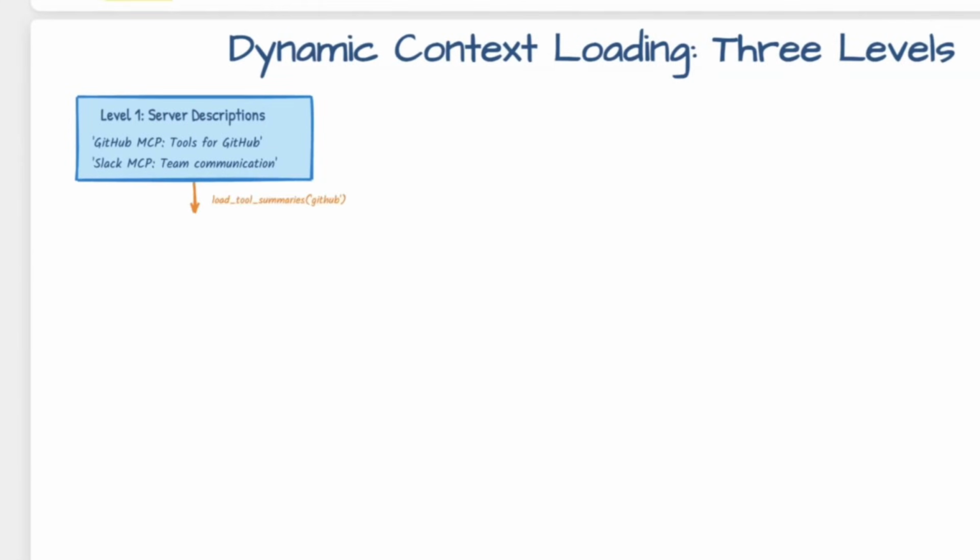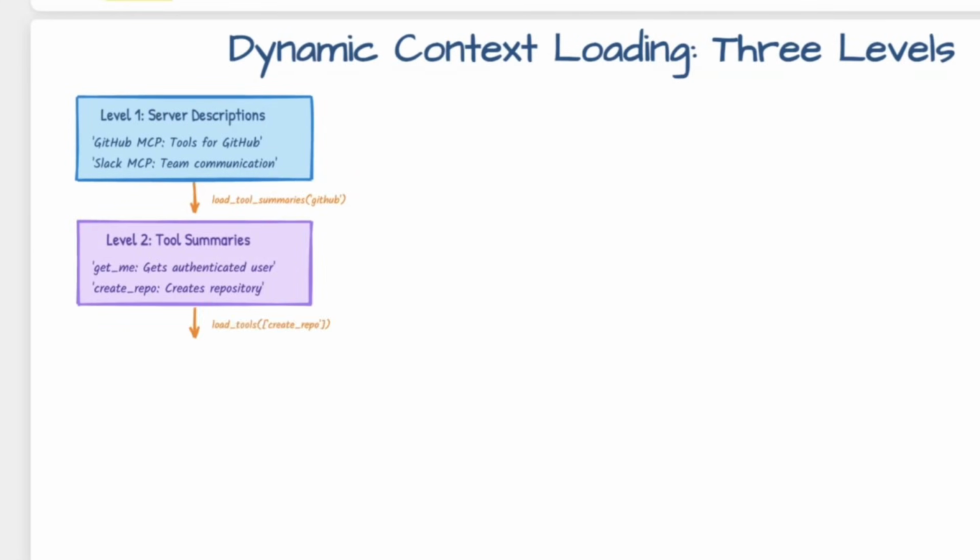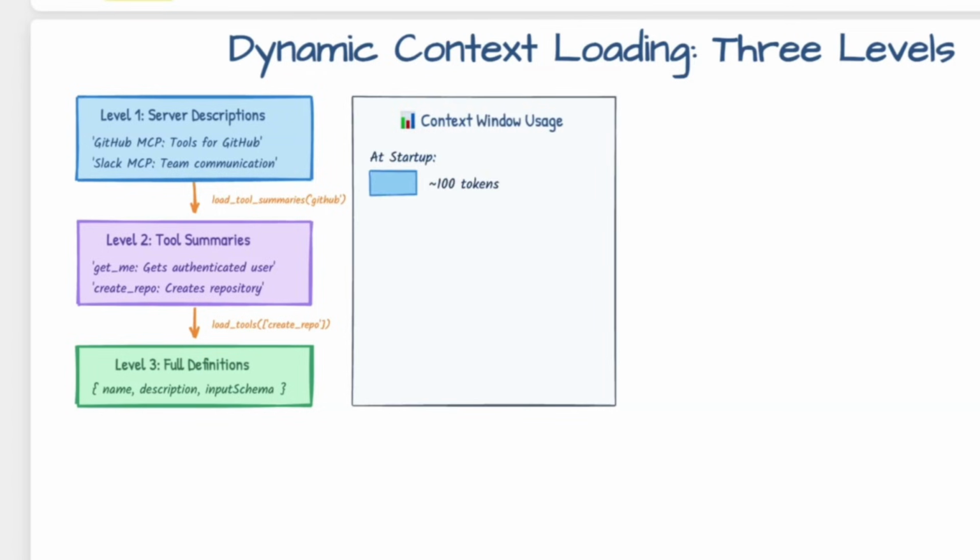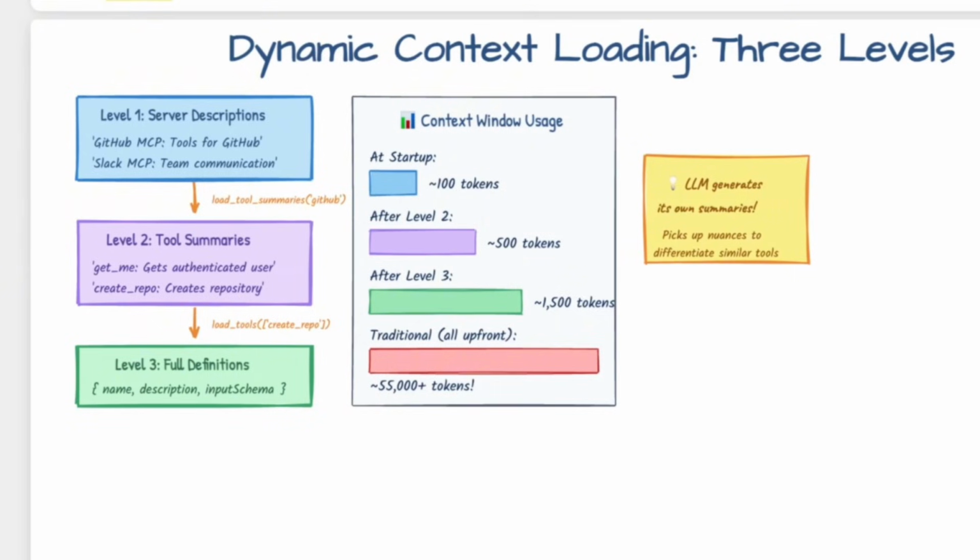Another approach is dynamic context loading. This is inspired from Claude skills, which dynamically loads information and presents it to the agent as needed. So in the first level, we'd simply tell the agent what MCP servers are available. In the second, there is a list of tools and its summaries.